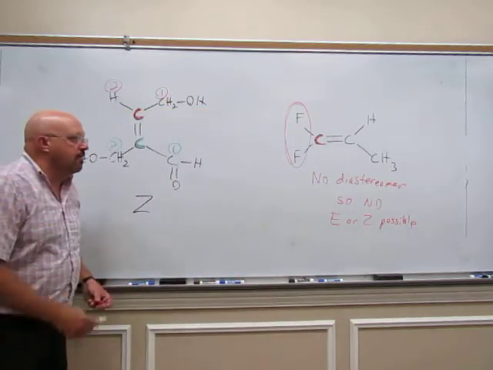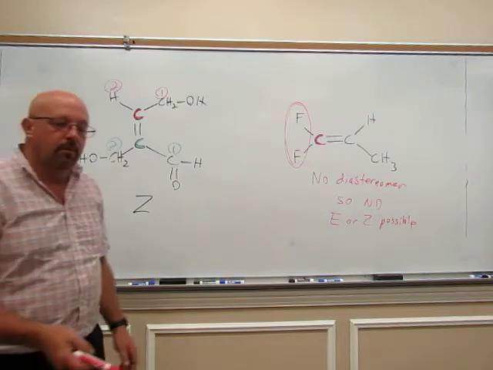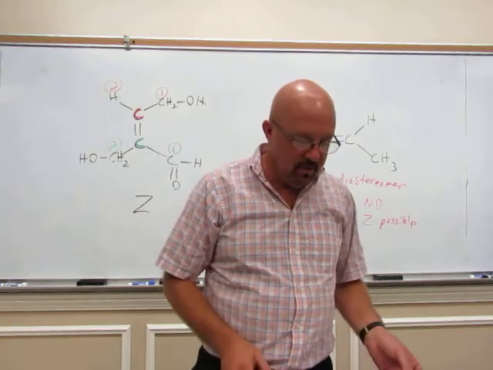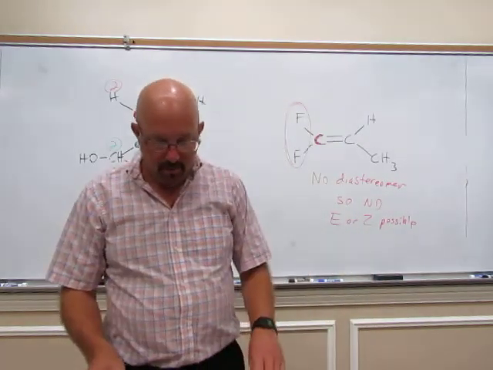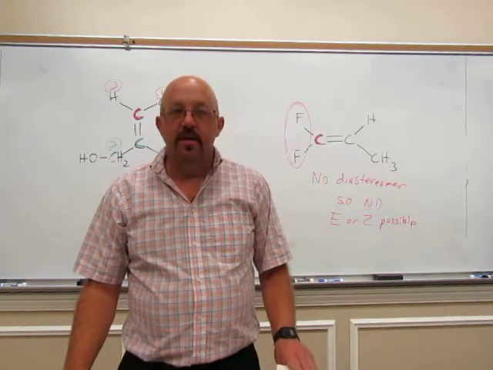Two fluorines on the same carbon. There is no E or Z. I can't assign priorities to those two. So that was a trick just to see if you're paying attention. Okay, any questions on our E or Z assignments?